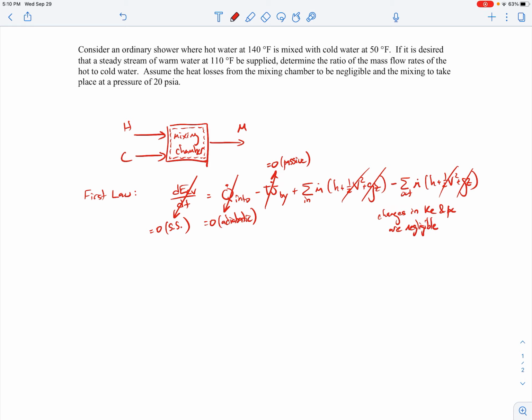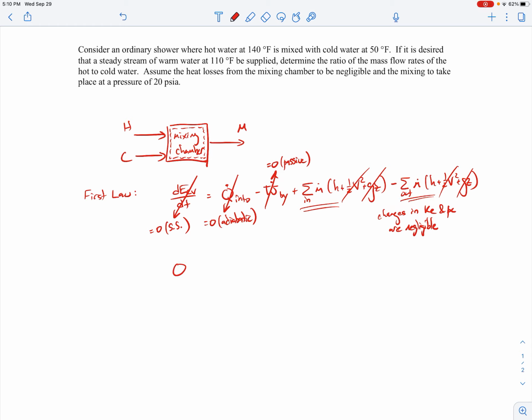They may in fact be there. They're not necessarily exactly equal to zero, but they're just not very large, certainly not very large compared to the change in the specific enthalpy of the incoming and outgoing streams. Okay, so then that just leaves our incoming specific enthalpy terms and the outgoing specific enthalpy terms.